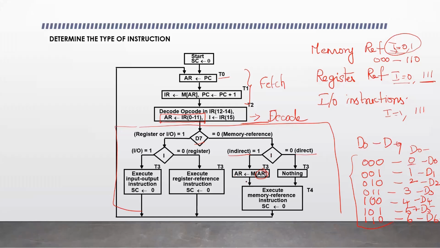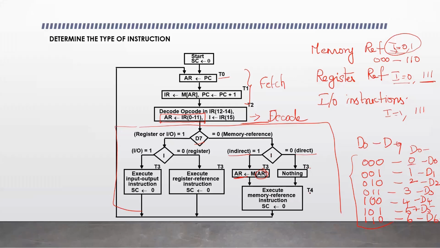After this operation, AR will have the effective address. This process is done at time T3. And at time T4, once AR has the effective address, we execute the memory reference instruction. The operation is decoded now, and we have the effective address in AR. Now the instruction is ready to be executed.